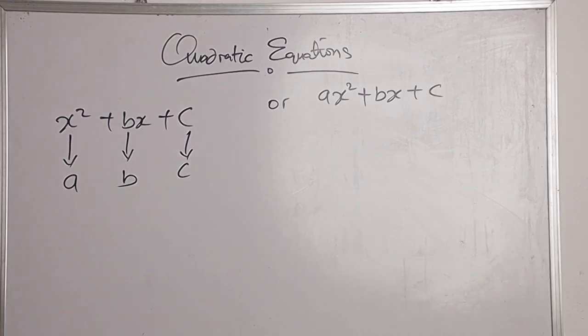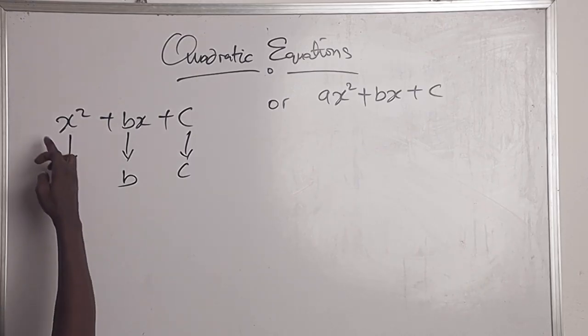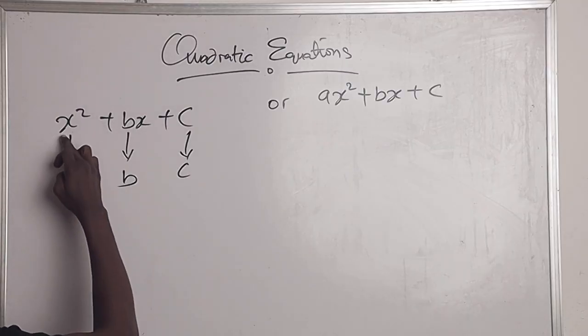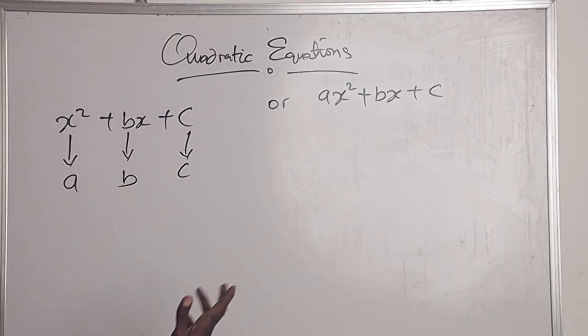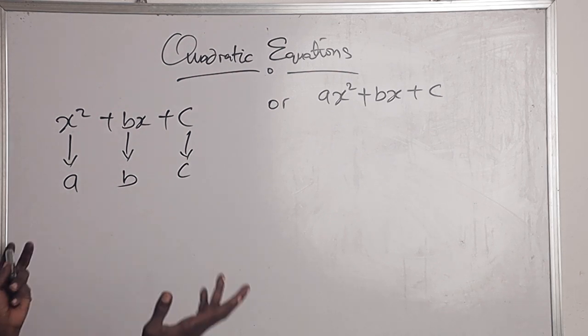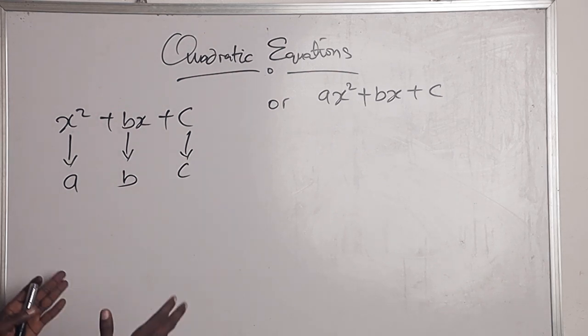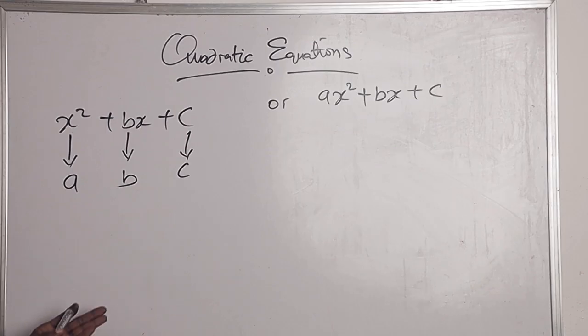Constant simply means anything that does not change, that is not a variable. All the x we have here, the values of x are variable. Variable means things that change. Anything that changes is called variable, that is, they vary.